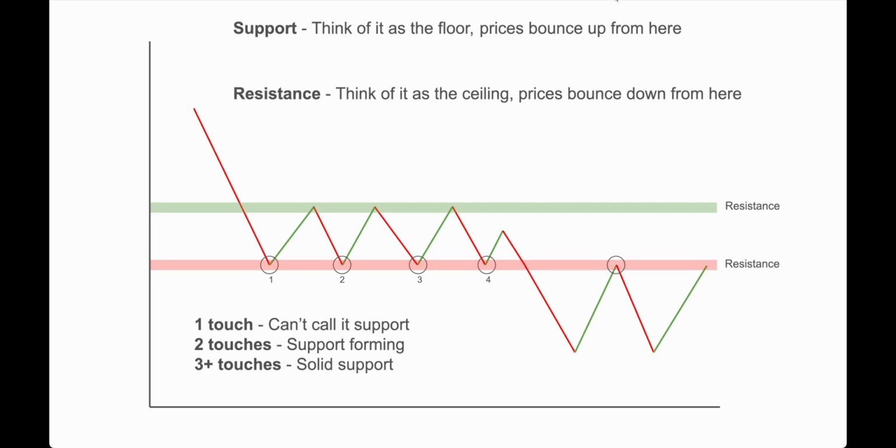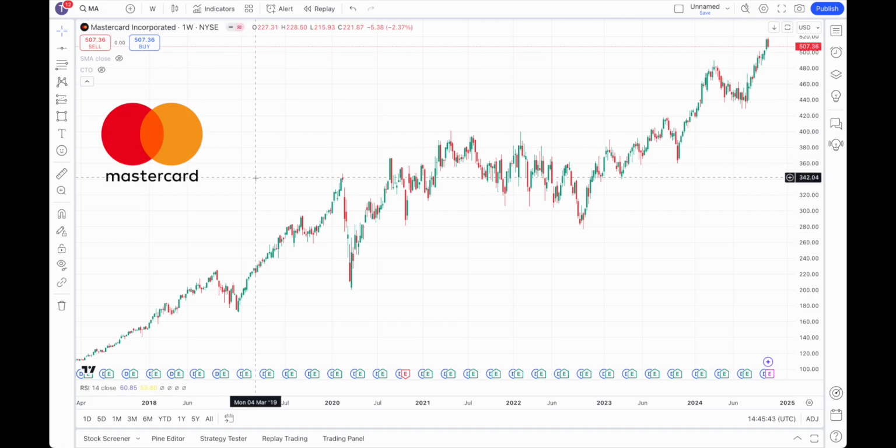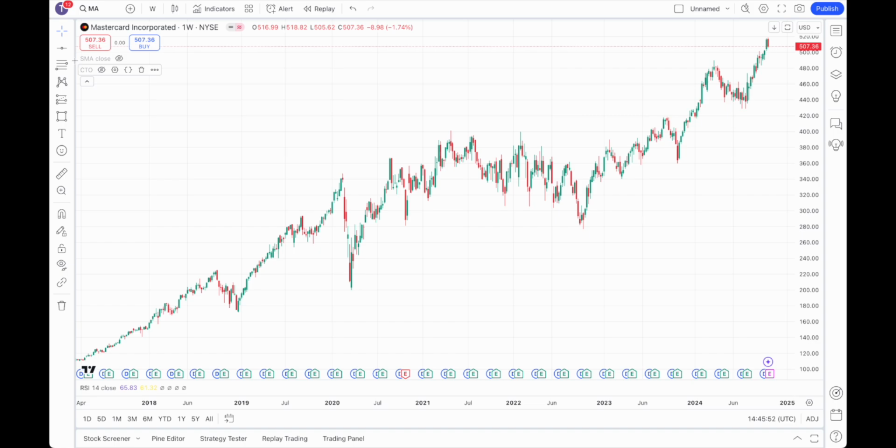So now I'm going to show you 2 examples. The first example I'm going to work through with you is the stock MasterCard. Everyone is involved with this company, in the sense that if you have a credit card or a debit card, most likely it is run by either Visa or MasterCard. Now, just having a look at this chart, the first thing I'd do is get one of my tools, the horizontal line, and see where I can see any obvious support or resistance.